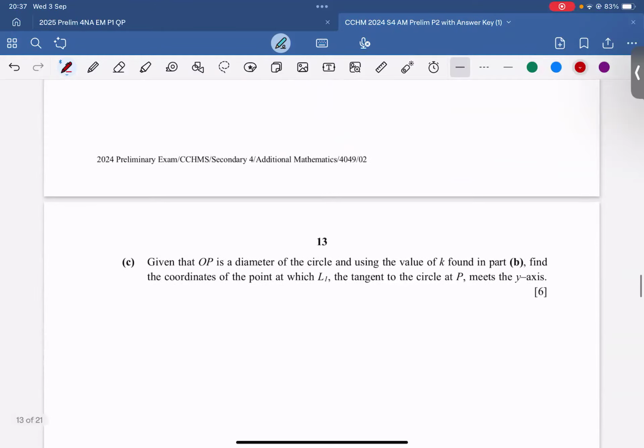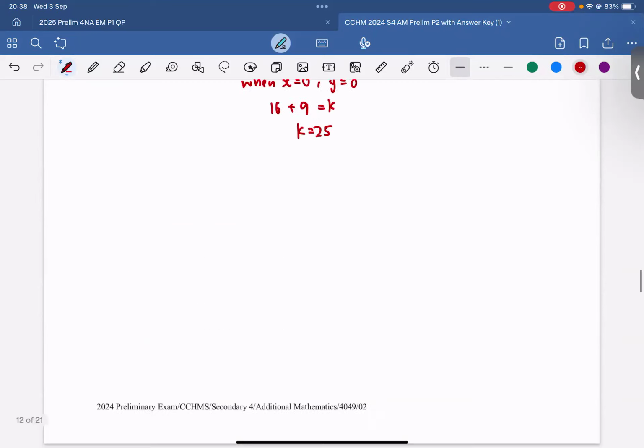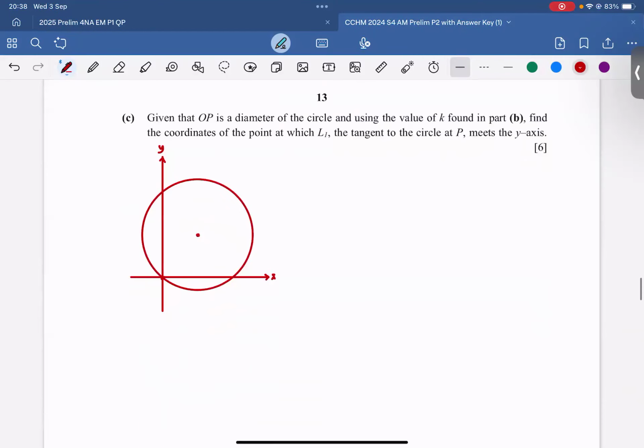Okay, next, given that OP is the diameter of the circle, find the coordinate. Okay, so this is your circle. Nope, that's an oval. Okay, we have a circle. We know that it passes through the origin. We know the center. The center coordinate is negative 4, 3. Oh, I drew the wrong side.